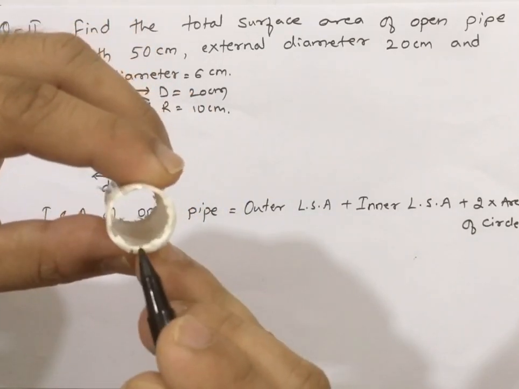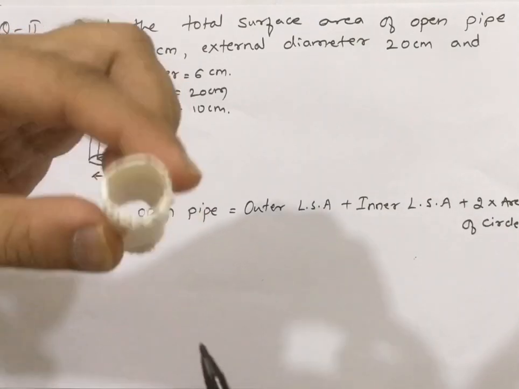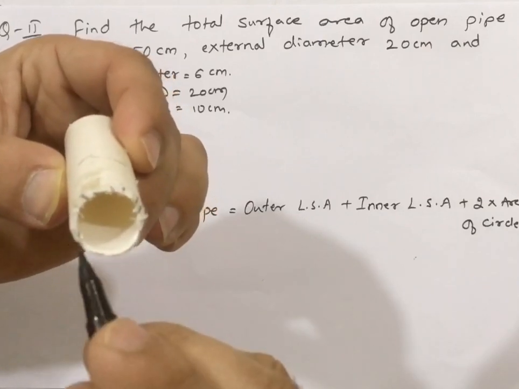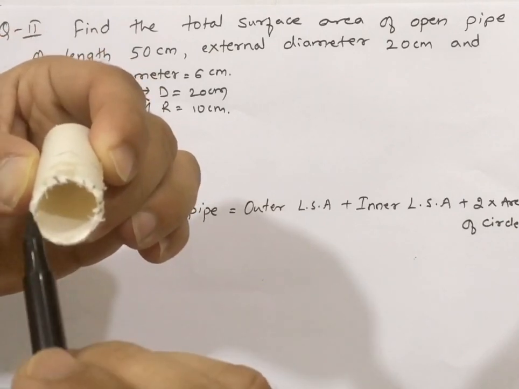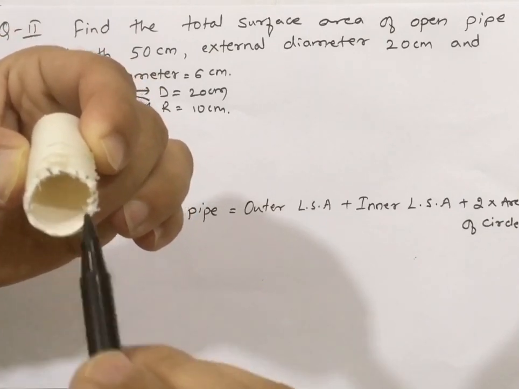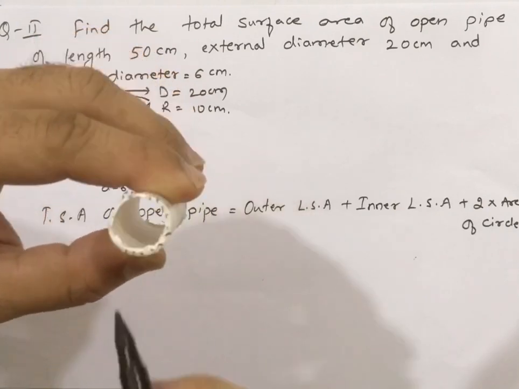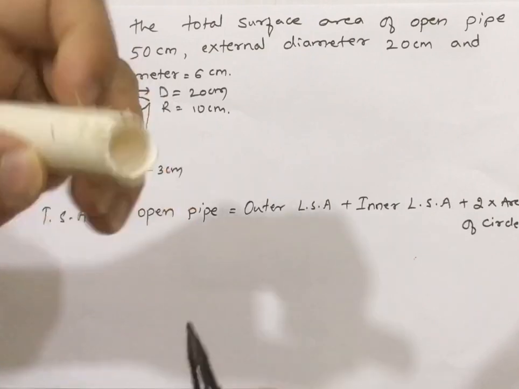Then this part is also there, no? This area also we have to find, correct? Here and here, and this area is nothing but the area of this circle and this circle. But only this part we have to find, this part and this part.